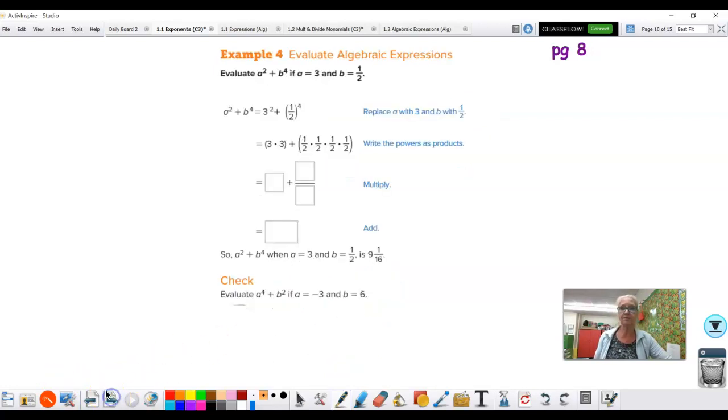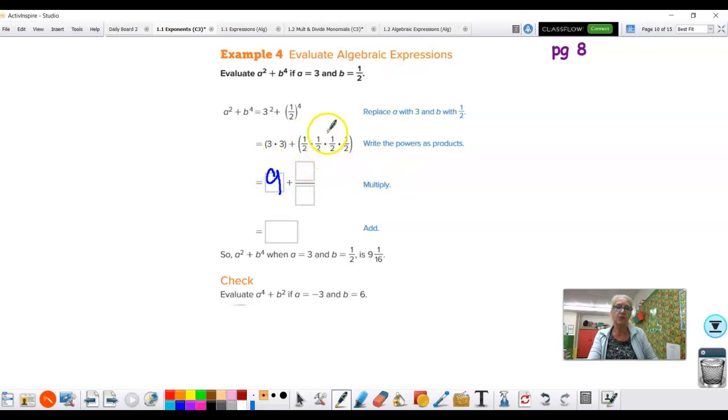Moving along, example 4, evaluate algebraic expressions. Here they're telling you to replace A with 3 and B with 1/2. So they've got A squared plus B to the 4th, which is the same as 3 squared plus 1/2 to the 4th. So 3 times 3 is 9.